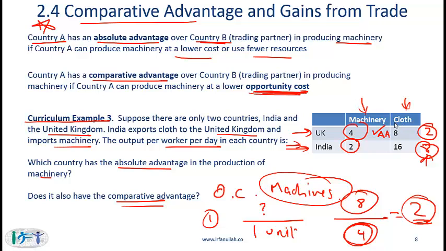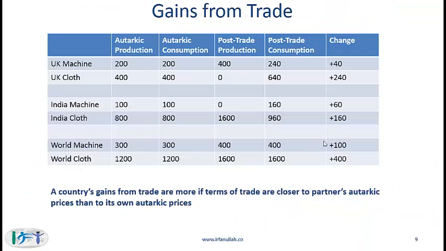So if the two countries trade, clearly it makes more sense for India to specialize in cloth and the UK to specialize in machinery, and then India exports cloth, imports machinery, the UK exports machinery and imports cloth.